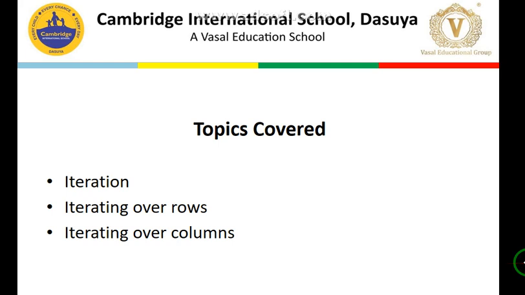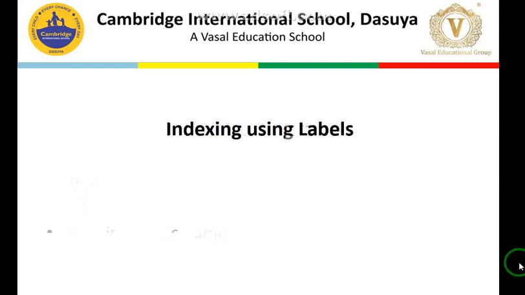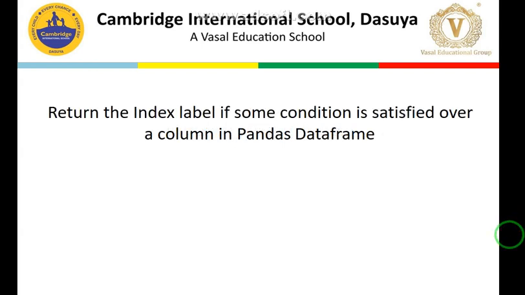Today we are going to focus on how we are going to use indexing using labels. So what exactly is this topic? Basically, you can see here that it returns the index label if some condition is satisfied. Before going into details, students, first we need to focus on the index label.